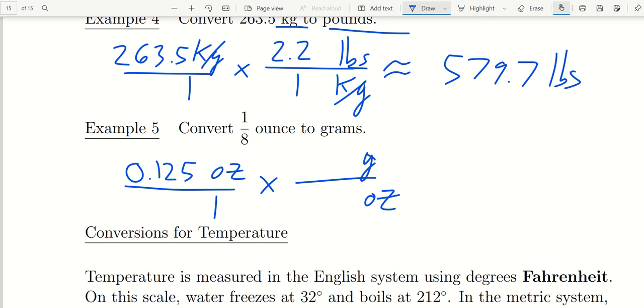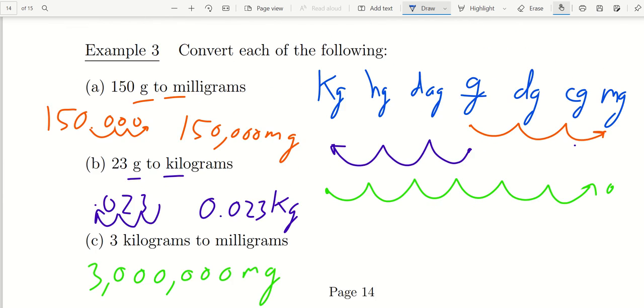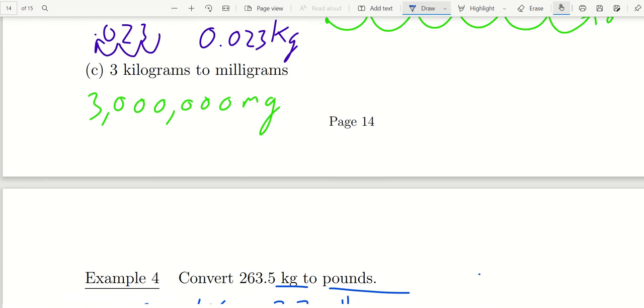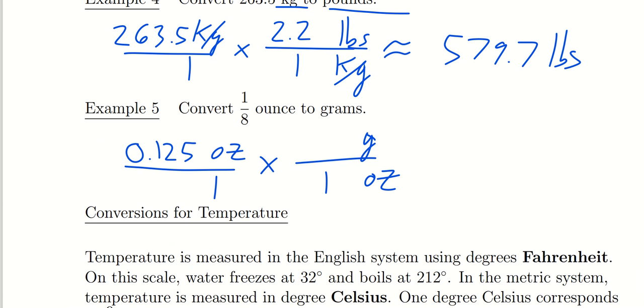And we need to look up the relationship between these. 1 ounce is approximately 28 grams. These cancel, so we have to multiply. 0.125 times 28 will give us about 3.5 grams.